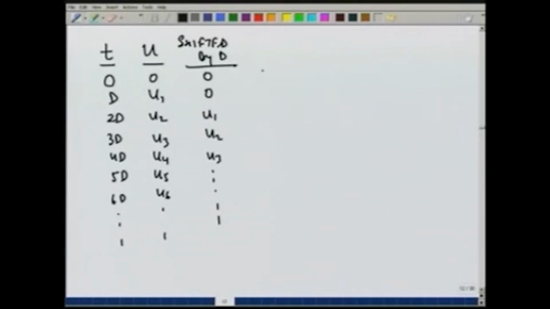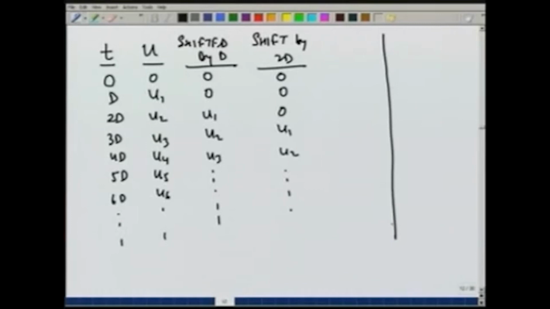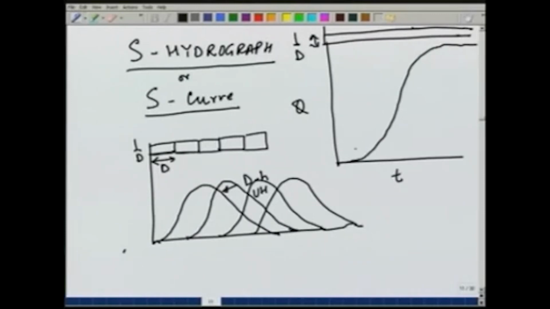Then we shift it by another d or shift it by 2d, and it will have 0, 0, 0, u1, u2 and so on, and similarly a lot of them, and then when we add them all up, we would get here 0, u1, u1 plus u2 and so on, and ultimately we would get this kind of curve.